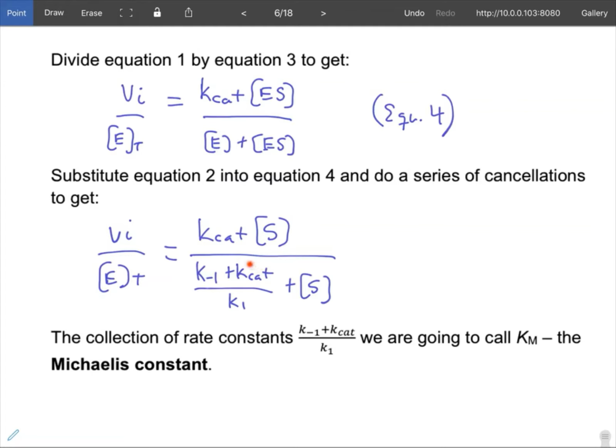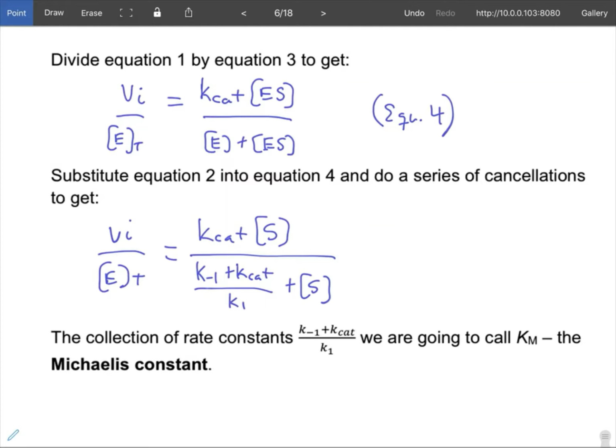Now notice that this whole term here, this K minus 1, kcat, K1, those are all describing what's going on with the enzyme substrate complex. K minus 1 describes the falling apart of the enzyme substrate complex. Kcat describes the formation of product. And K1 describes the formation of the enzyme substrate complex.